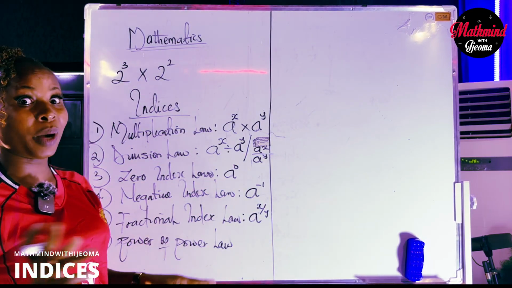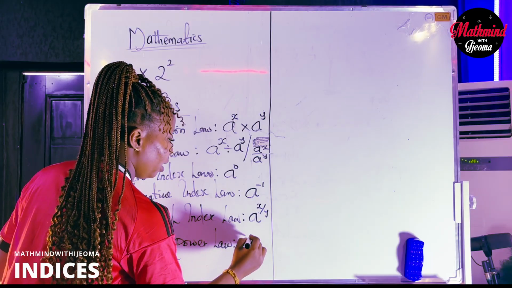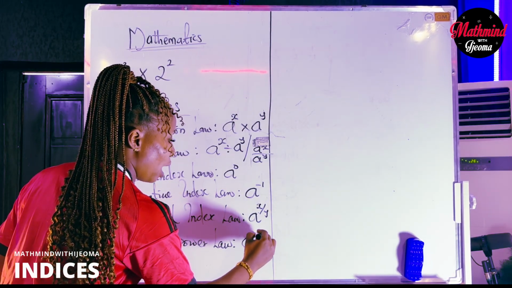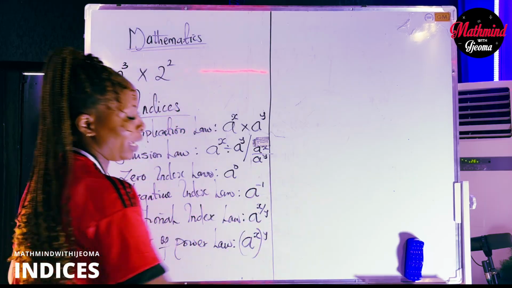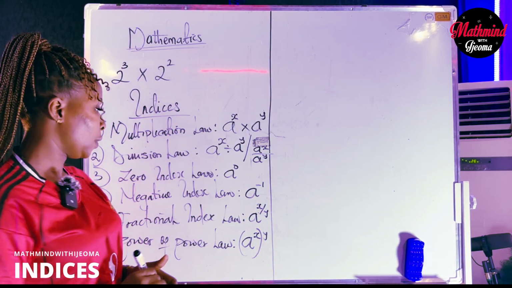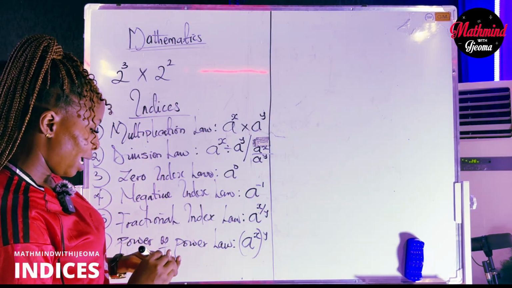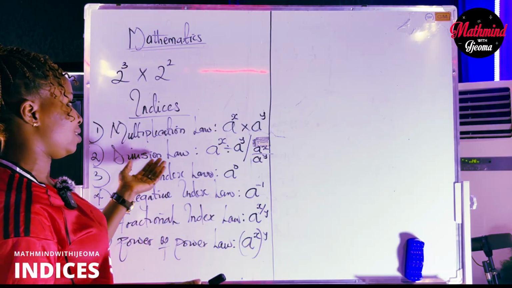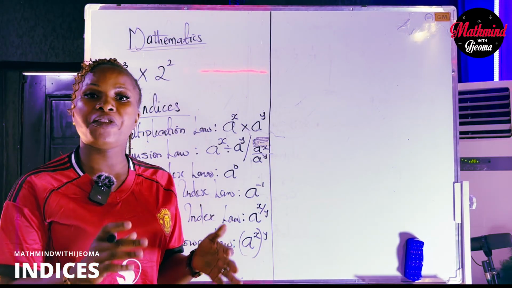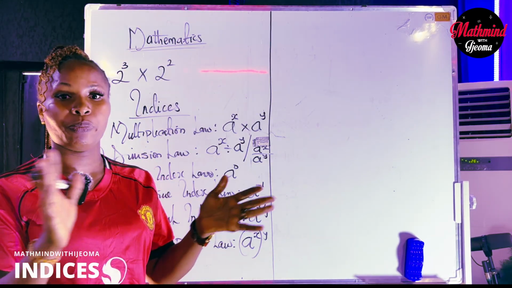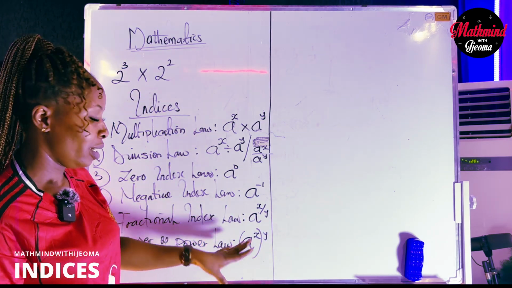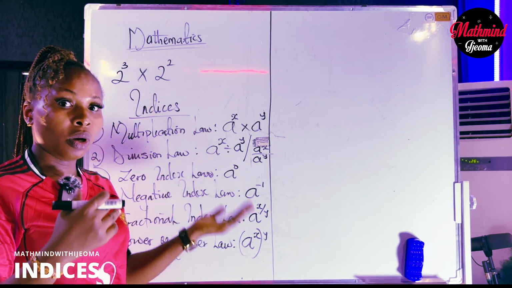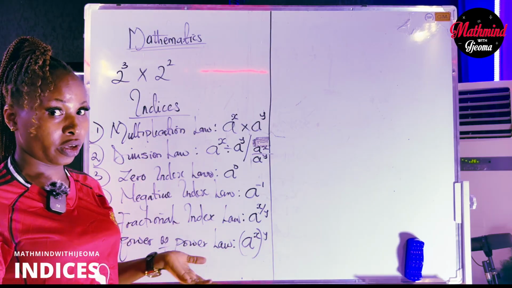And power of power law. You can see things like a raised to power x, raised to power y. Okay? So, in indices, you have every operation that has to do with powers. If you watch all we have here, it is related to one power problem or the other.